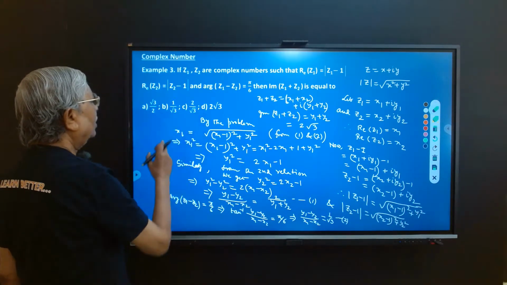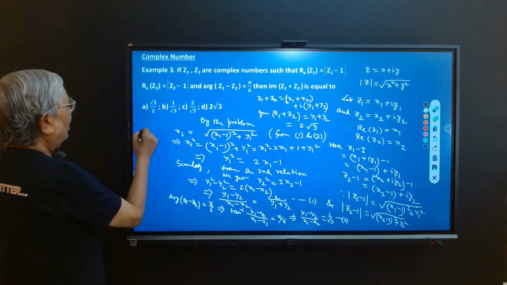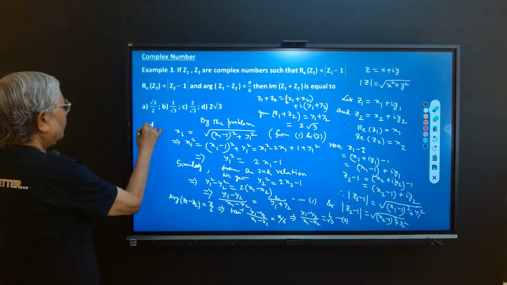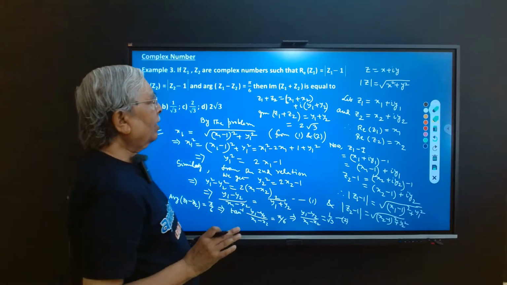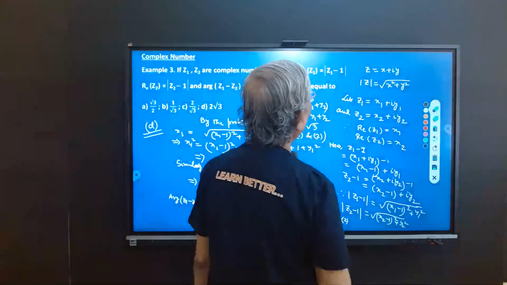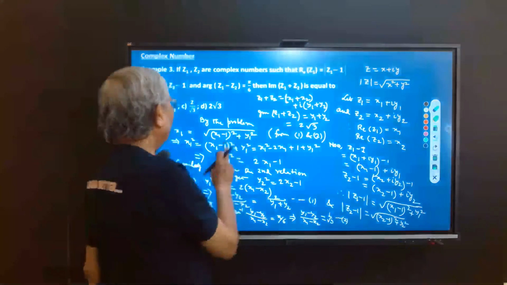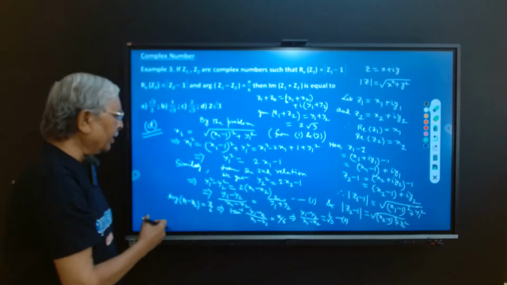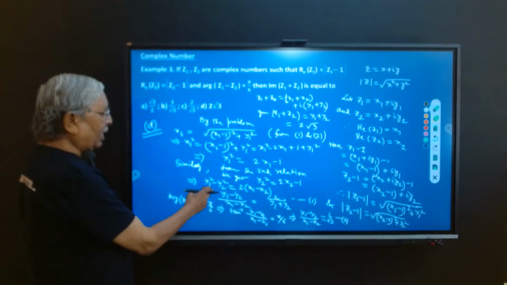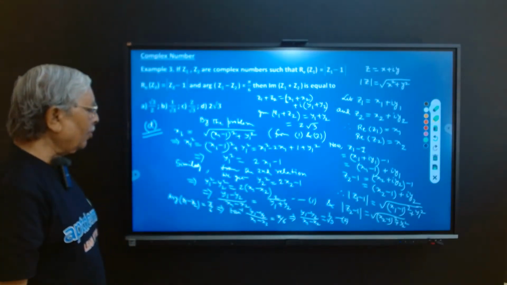So what is the option? The correct option is D. To recap: first, you are given that the real part of z1 equals mod of z1 minus 1, from which you get this equation. Similarly for the second, then subtract these two, and we get the value of (y1 minus y2) by (x1 minus x2).